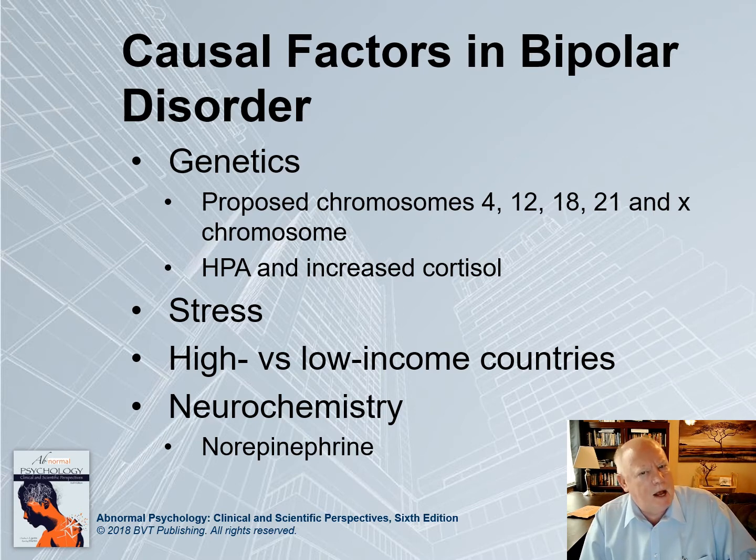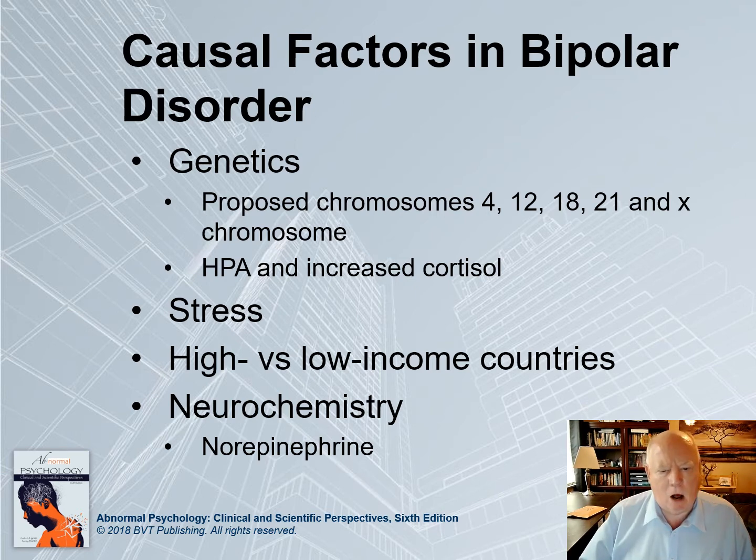Remember that with both depression and now, with mania as well, the HPA axis is active, and the HPA axis has genetic factors that contribute to it. And in particular, in bipolar disorder, there seems to be a higher output of cortisol when the HPA axis is active.